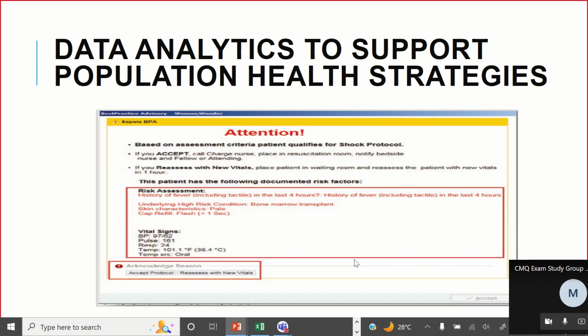Okay. And here was one of the case studies that they actually presented in the book, where the authors of this chapter talked about a quality improvement model for sepsis that was done back in 2010 in their hospital.